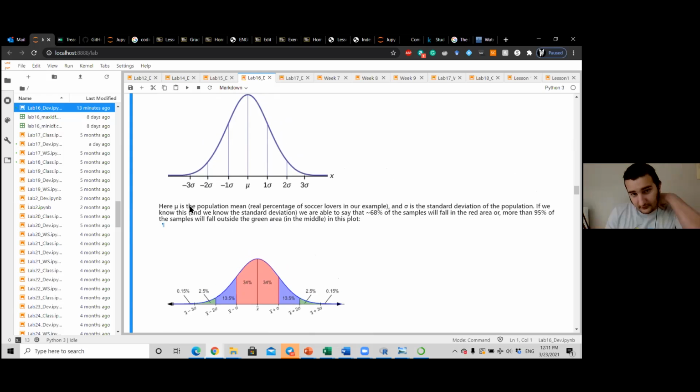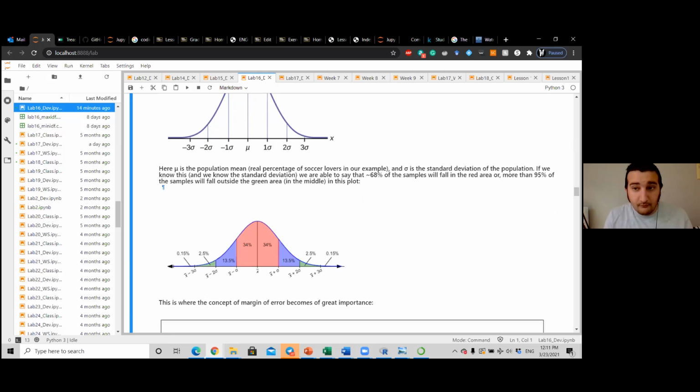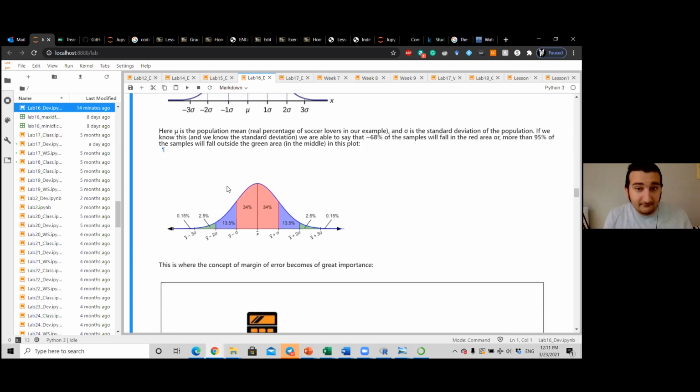Here mu is the population mean, the real percentage of soccer lovers in our example, which in the man mode we don't know. And sigma is the standard deviation of the population. So mu and sigma are population characteristics. If we know these, we are able to say that 68% of the samples will fall in the red area here, or more than 95% of the samples will fall outside the green area in the middle of this plot.